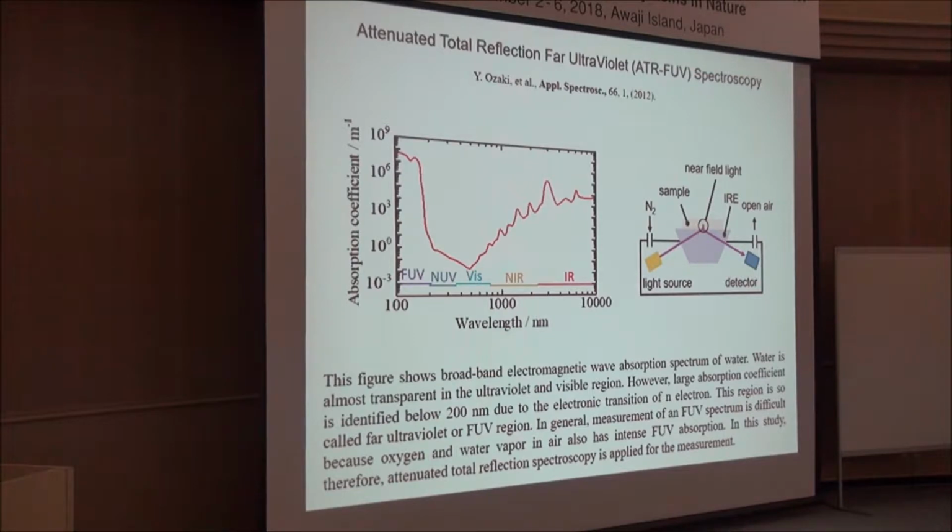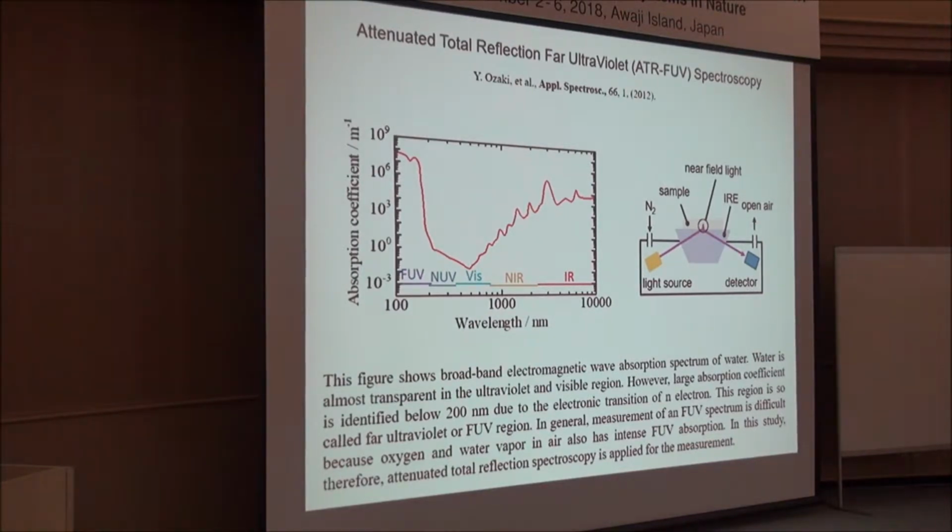This figure shows the broadband electromagnetic wave absorption spectrum of water. Water is almost transparent in the ultraviolet and visible region. However, a large absorption coefficient is identified below 200 nanometers due to the electronic transition of an electron.